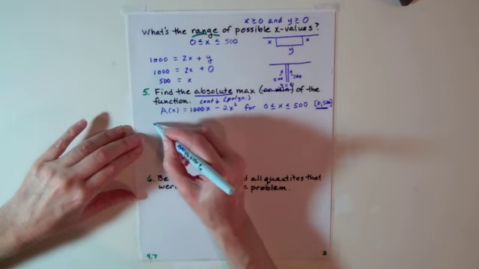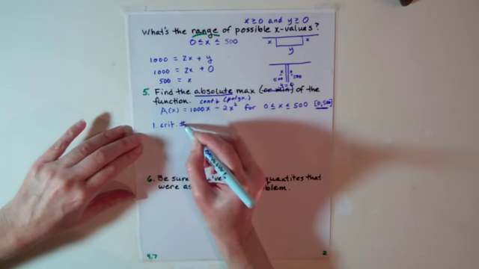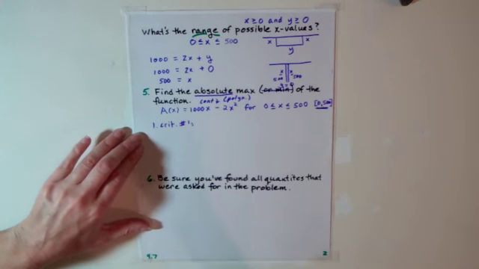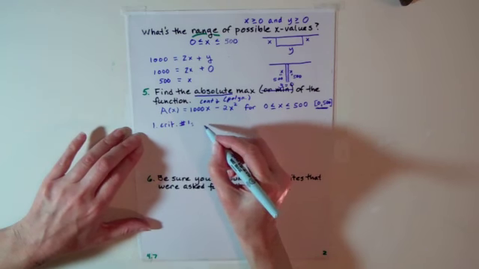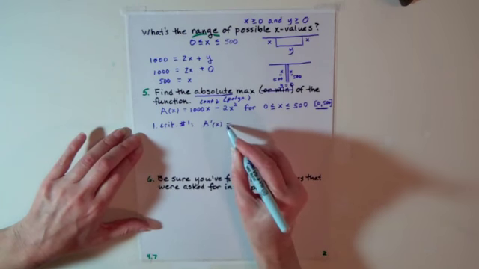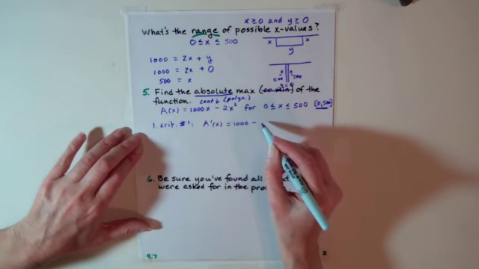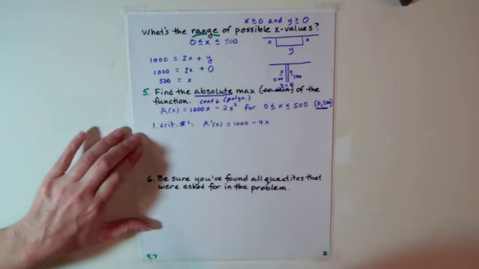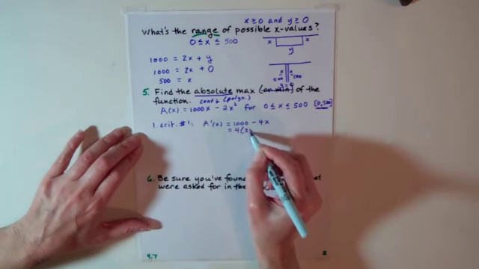Remember, the first thing we do is find the critical numbers. So I'll find the critical numbers for A of x. How do I find the critical numbers? I have to find the derivative. Well, A prime of x, just taking the derivative of this, would be 1000 minus the derivative of 2x squared, which is 4x. Let me go ahead and factor that. It looks like there's a common factor of 4 that I could pull out.